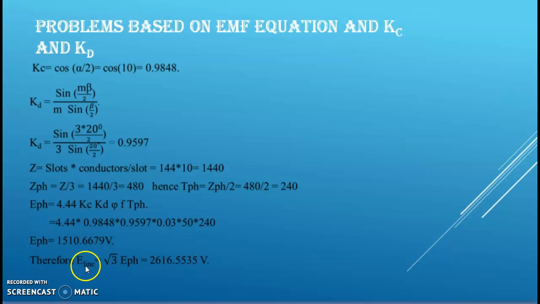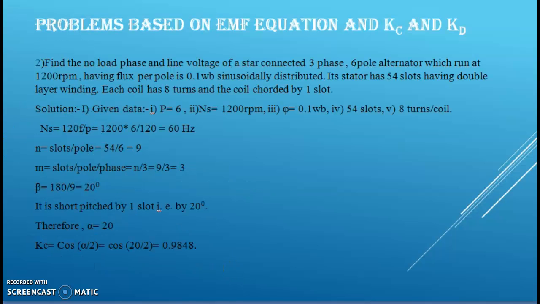The relation is: line voltage is equal to root 3 times phase voltage. So multiply this phase voltage with root 3, and you will get the line voltage as 2616.5535 volts.